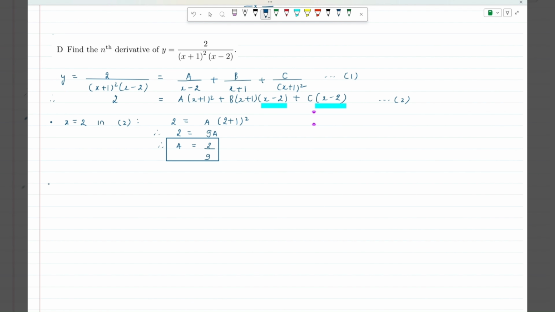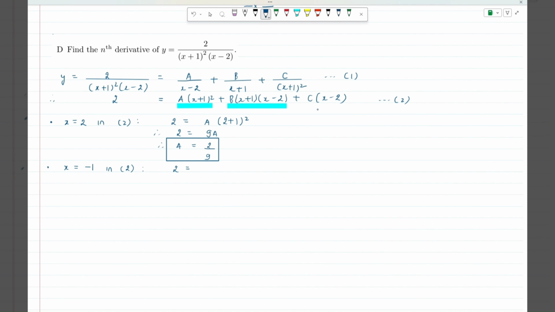Now for the next one, we are going to substitute x equals to negative 1. Again back in equation number 2, and this is going to give us 2 is equal to. Now first let us see the terms which are going to get vanished. So here we have a factor of (x plus 1) whole square, so this will become 0, and here also we have a factor of x plus 1, so this will also become 0.